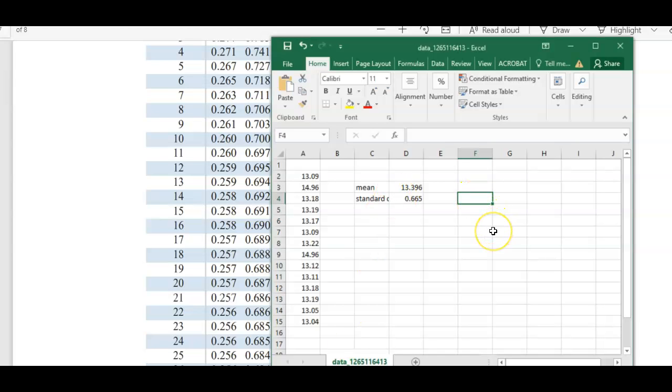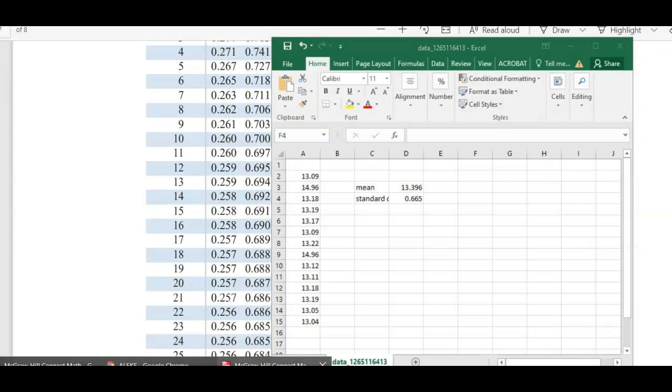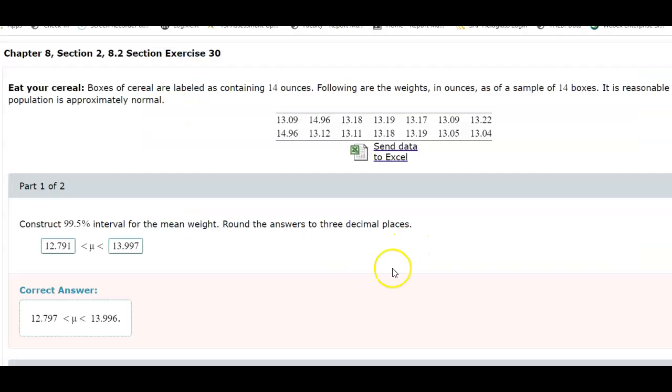I'm going to come back over here so that I can see my numbers. Here we go.